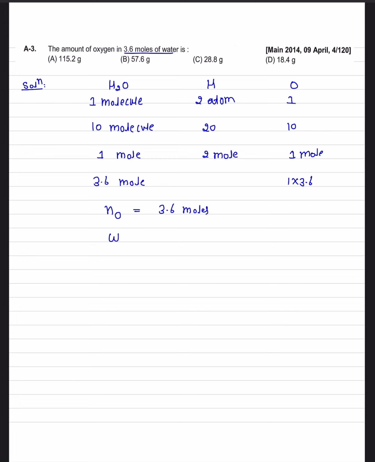Yes. Just multiply with the molar mass. Molar mass of oxygen is 16. So 16 times 3.6 gives 57.6 gram, and that is our option B. I hope this is clear to you.